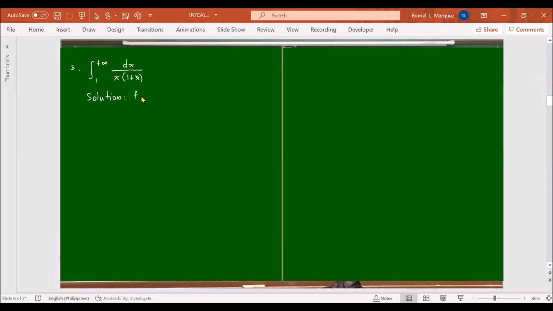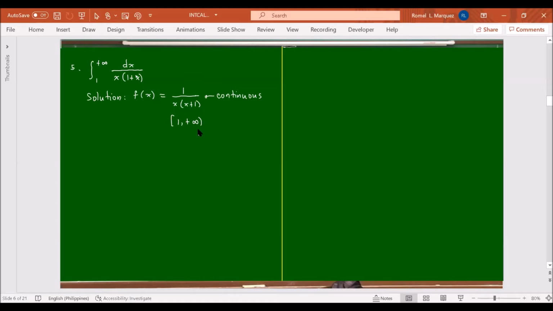So here our f of x is equal to 1 over x times x plus 1. Now this function is continuous on the interval 1 to positive infinity, because the problem is at -1 and at 0, which is not inside this interval.